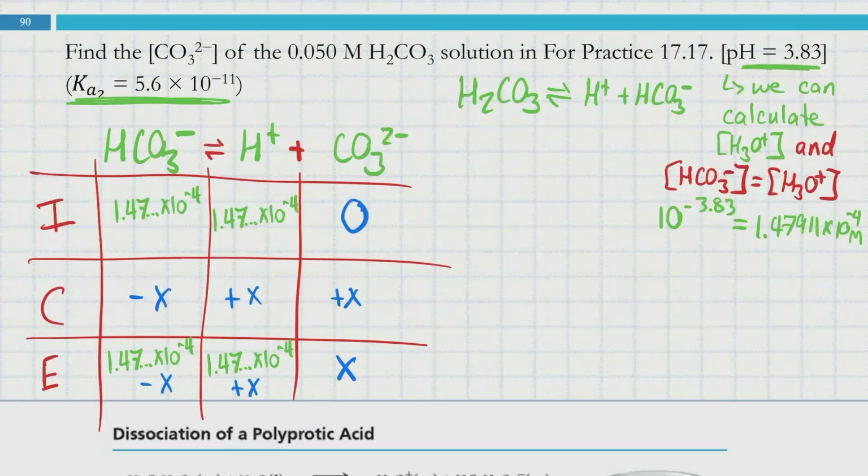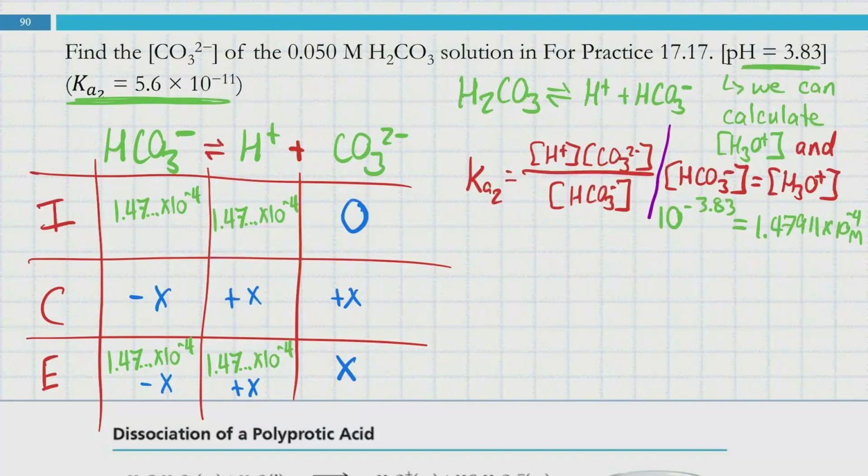And then we get to plug those values into our Ka expression. Our Ka2 is going to be H plus, not HCO3, just CO3 2 minus on the top, and on the bottom, HCO3 minus. And then we'll plug in some values.